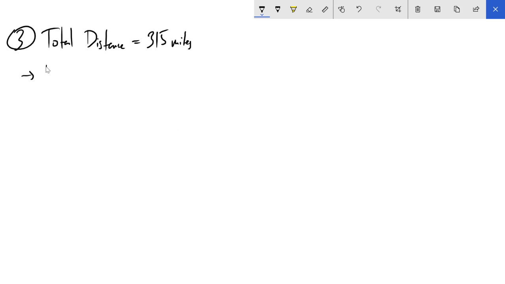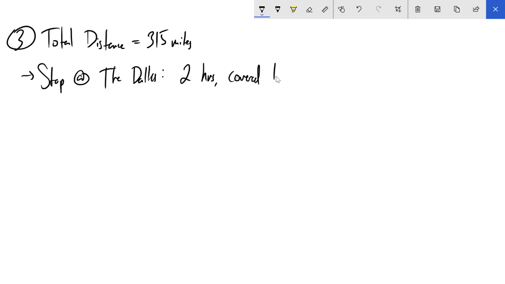But then in the middle, they stop at the Dalles, and at that point, they had traveled 2 hours, and they had covered 135 miles. Okay, and so my question was, if they keep driving at that pace on average, how much longer is the remaining trip? Like, so how much time do they have left?